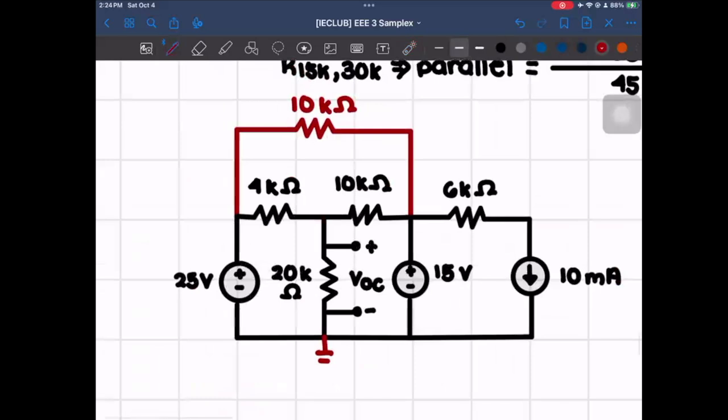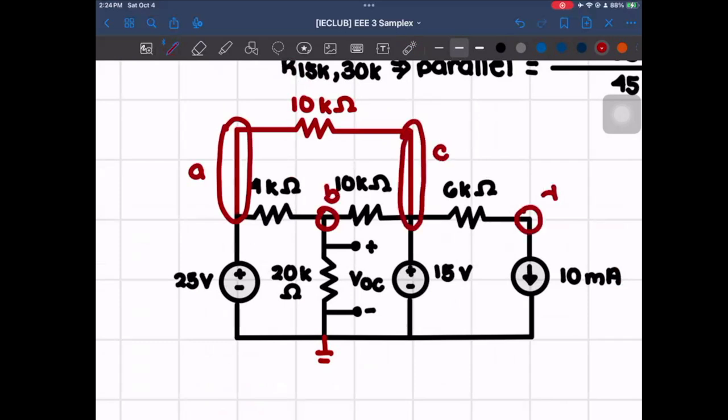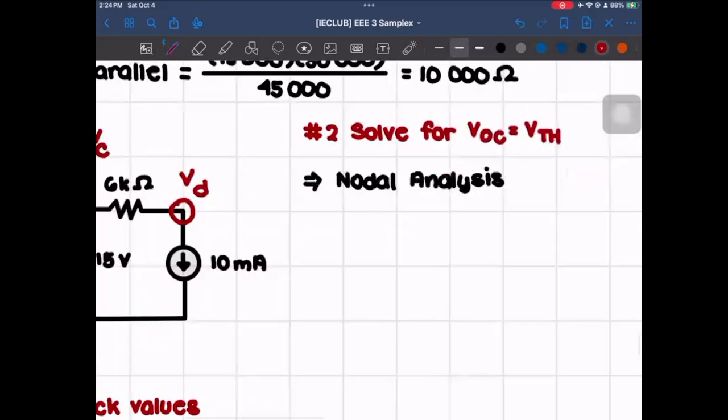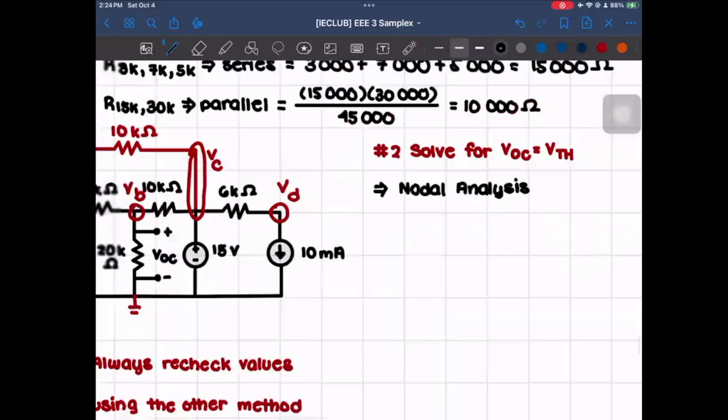and identify our nodes. So it will be this one as A, this one as B, this one will be C, and then D. And then we can just put that as our variables VA, VB, VC, and VD. And then similar to what we did in the second part of this exam, we identify our known values.